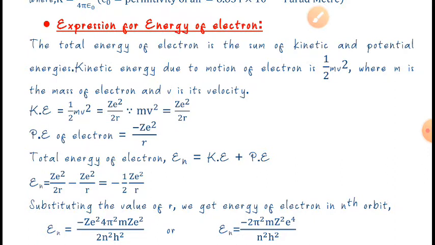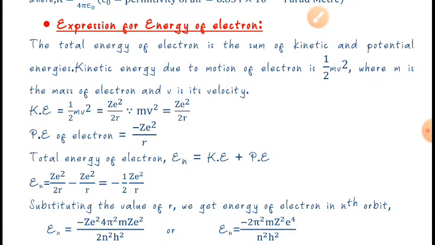Now when the electron comes under the influence of the nucleus, it does some work and spends its energy in this process. Thus the energy of the electron decreases and becomes negative, and this negative sign indicates that the electron is bound to the nucleus.